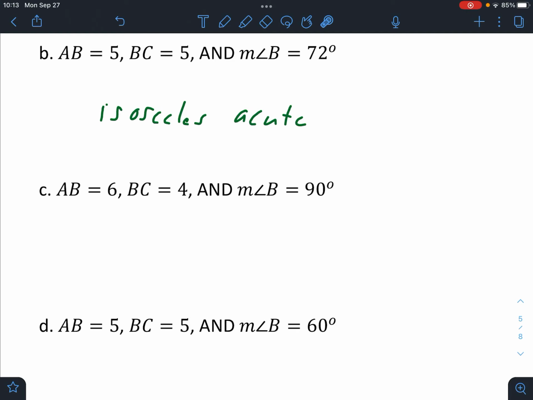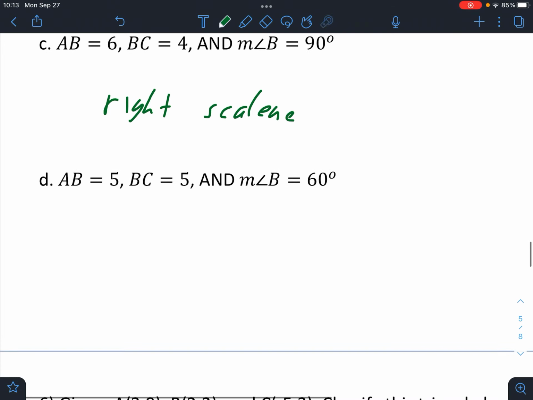The third one, clearly a right triangle right here. And since the two legs are different sides, we know the hypotenuse has to be a different length as well. So this is going to be a right and a scalene triangle, or a scalene right triangle, it doesn't matter the order. And lastly, we have two sides that are congruent, but the angle between them is 60.